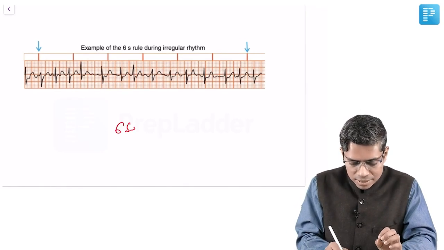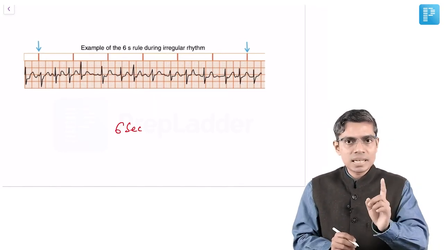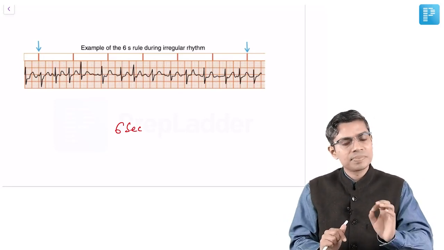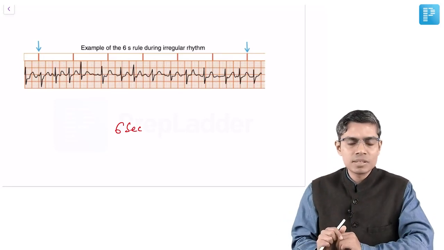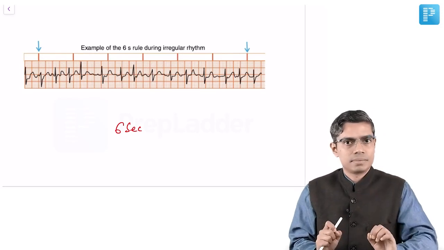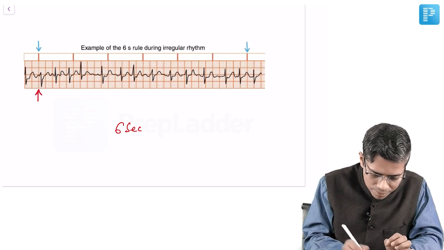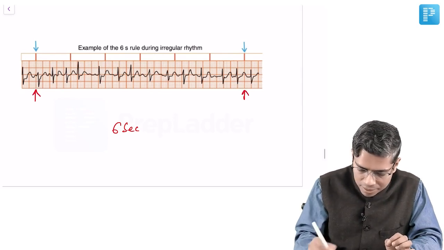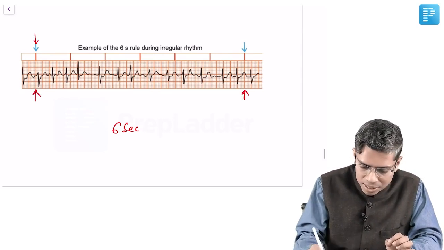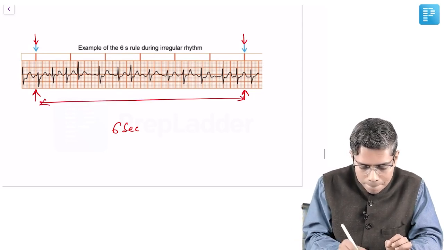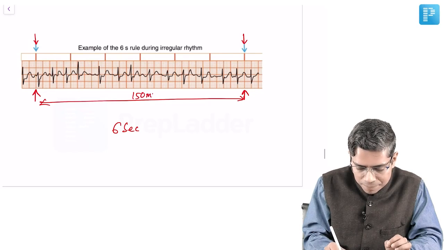In 1 second the ECG paper moves 25 millimeters, so 6 seconds means 6 multiplied by 25, that is 150 millimeters. Starting from here up to this arrowhead, this is nothing but 150 millimeters.